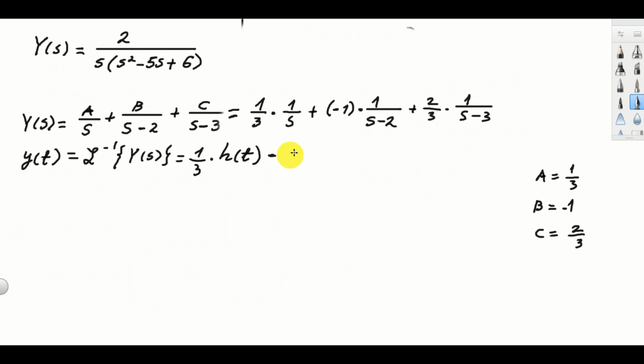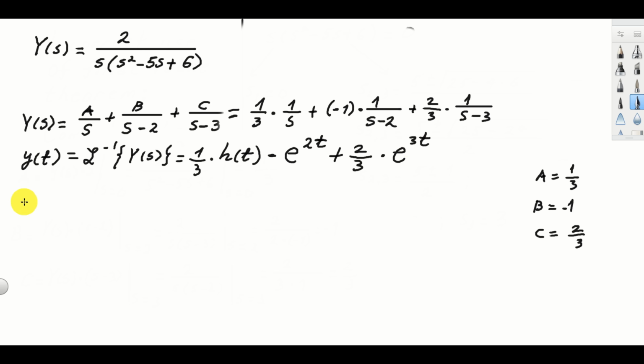Then we have minus e to the power 2t, and finally plus 2 over 3 multiplying e to the power 3t. Here we would need to add the Heaviside functions, but I will ignore that for the time being.